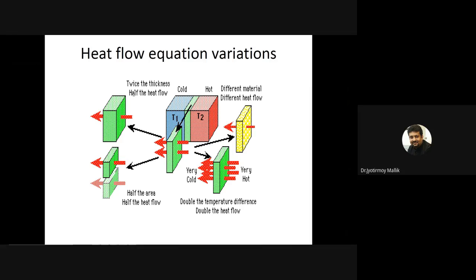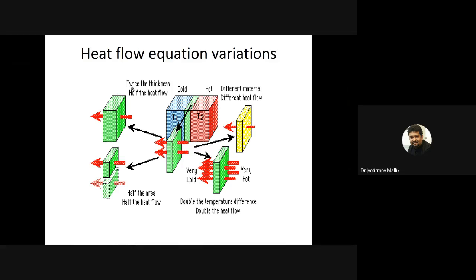Now, if we think about the heat flow equation and understand that with a simple analogy, say for example, I have two materials, one is cold and the other is hot, and this is the passage or the medium through which the temperature can actually transfer from the hot object to the colder object.